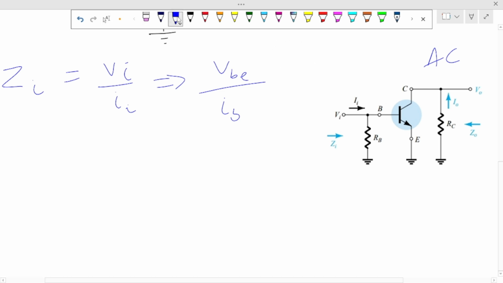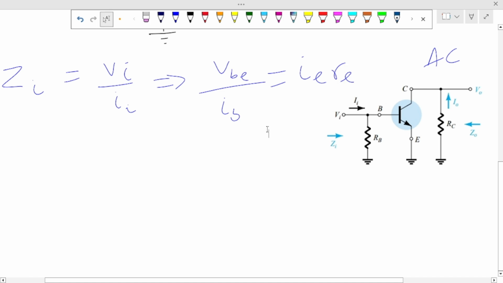Okay, so we can now say VBE is IE multiplied by what? RE. Now here comes the RE model. Here is the RE we're talking about. So this RE is the internal resistance of our transistor.